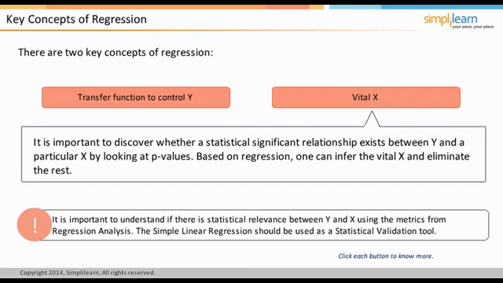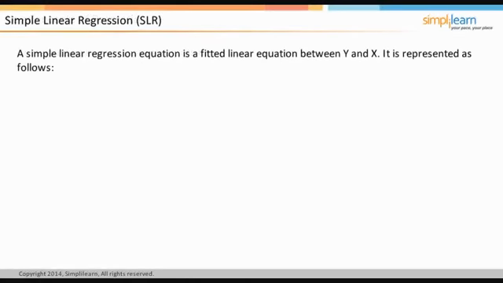If the relevance is established using metrics from regression analysis, one can move forward with the tests. The simple linear regression, or SLR, should be used as a statistical validation tool in the beginning of this phase. In this screen, we will understand the concept of simple linear regression.